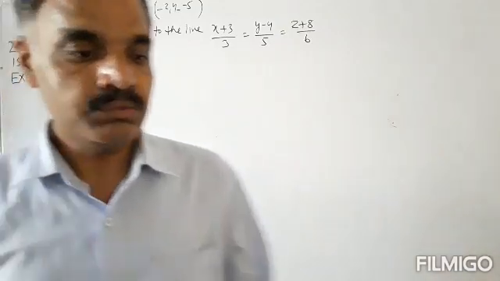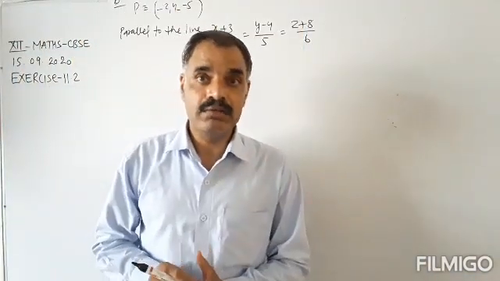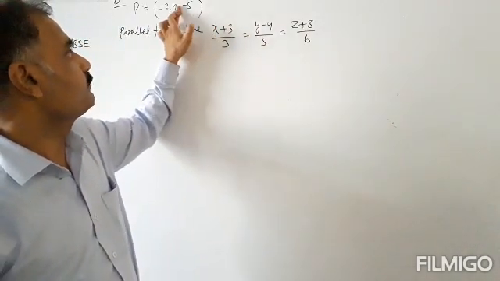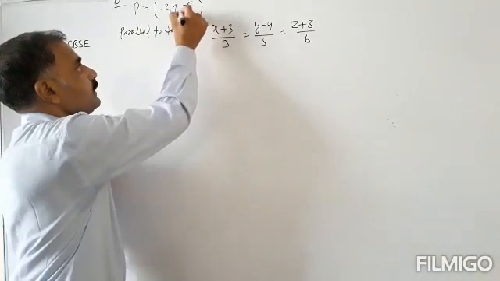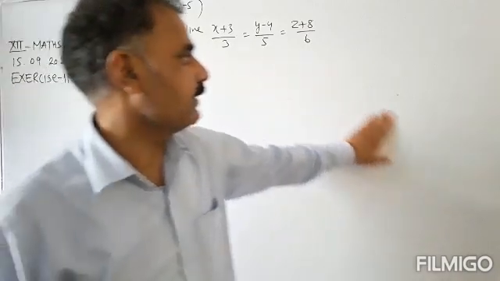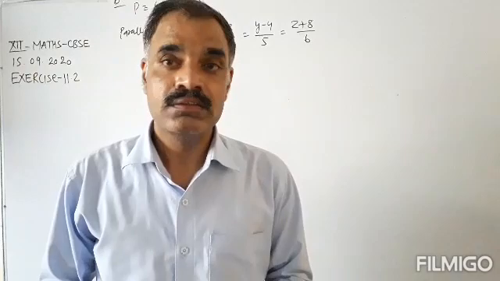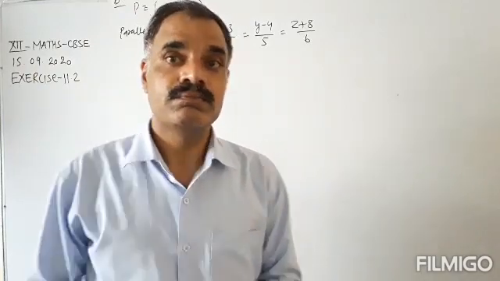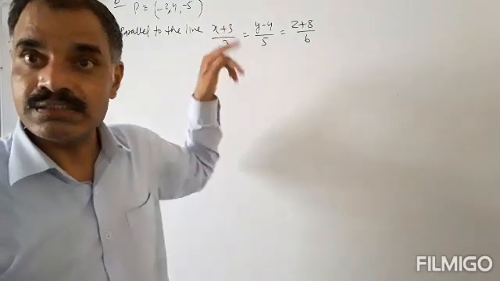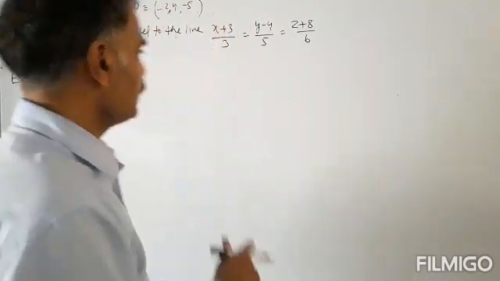Okay, we have to find the equation of line which passes through this point minus 2, 4, minus 5 and is parallel to this line. What does it mean? We have to find only the Cartesian form. Point is given, and parallel to this means direction is also given. So what is the direction?